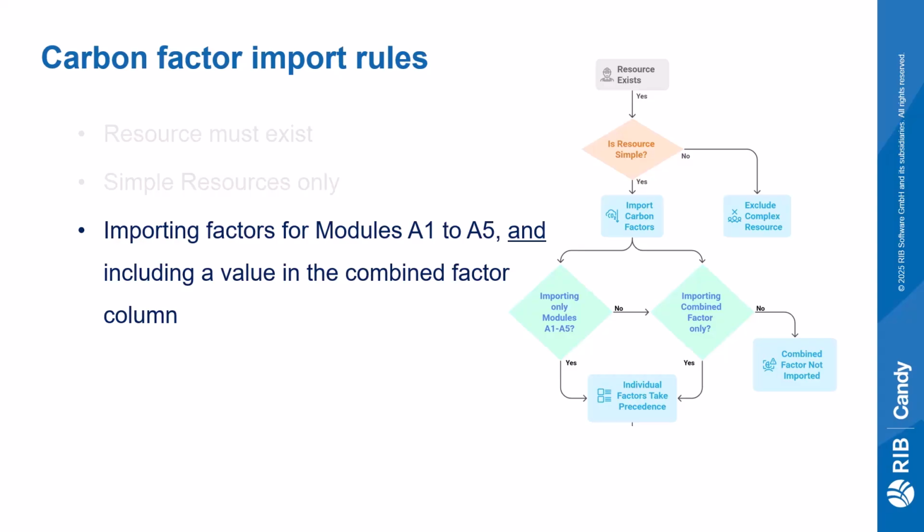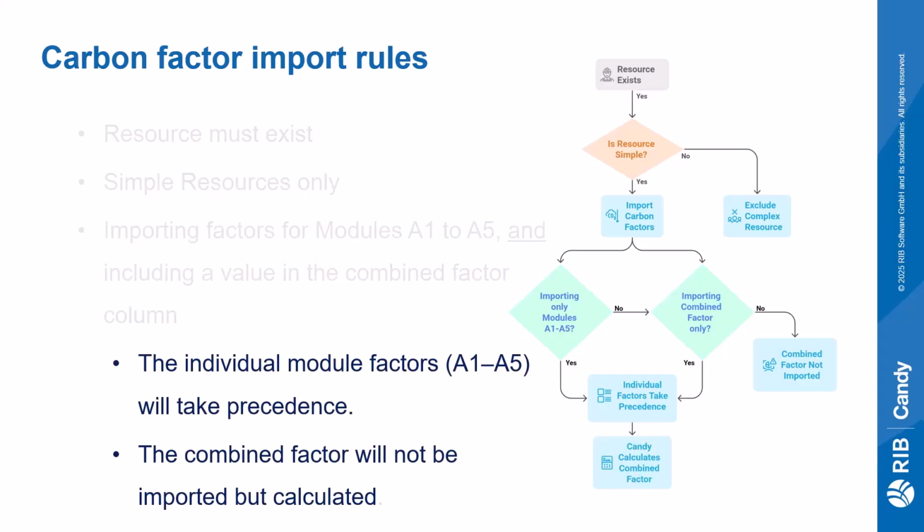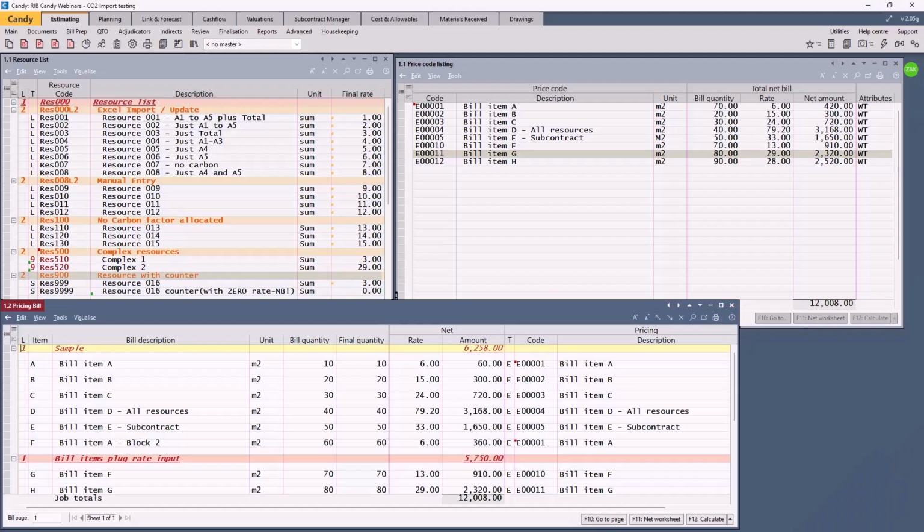But it's important to note, if both a total rate and individual rates are imported for resources, Candy prioritizes the individual rates. The summarized or combined total is then calculated from these inputs from columns A1 to A3, A4 and A5. These rules might be best explained in a practical example.